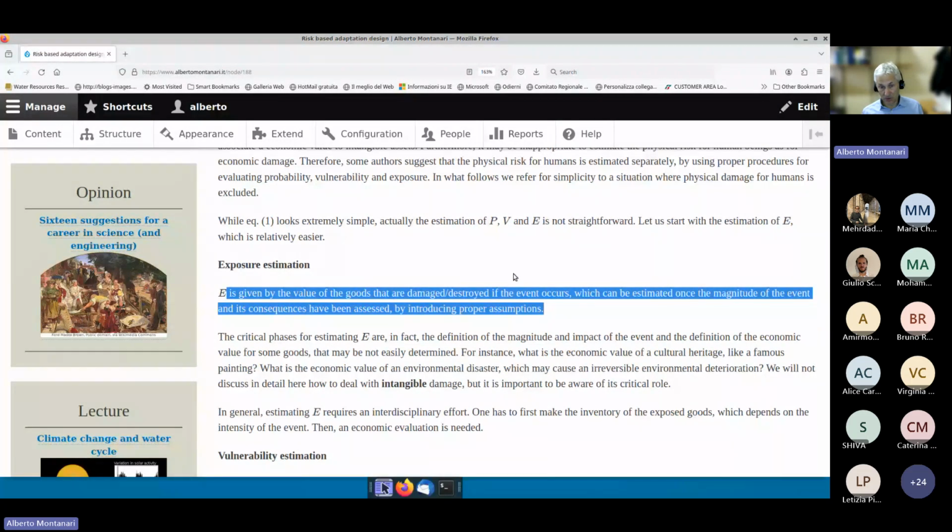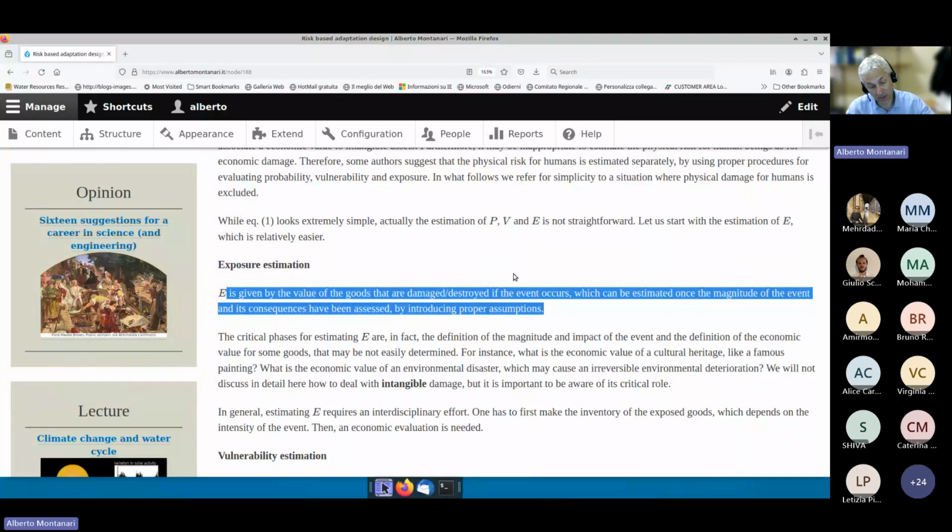The only thing that I wanted to discuss is the definition of the magnitude of the event, and that is the key here. Exposure depends on the magnitude of the event. If you get an earthquake that is not very intensive, the damage is reduced. If you get an earthquake with a lot of intensity, the damage is higher. So what is the intensity I should refer to in order to estimate the risk?